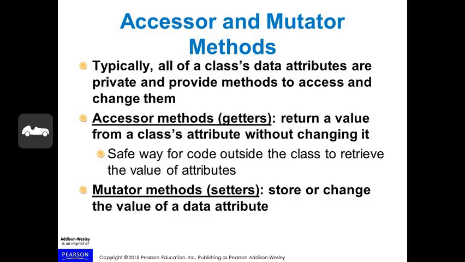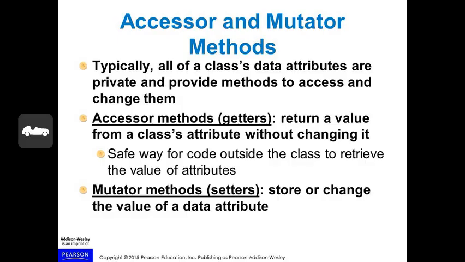So typically, we want all the class data attributes to be private. However, in order to access these data attributes, we need to provide methods to access or to change these data attributes. And these methods are what we call accessors and mutators.